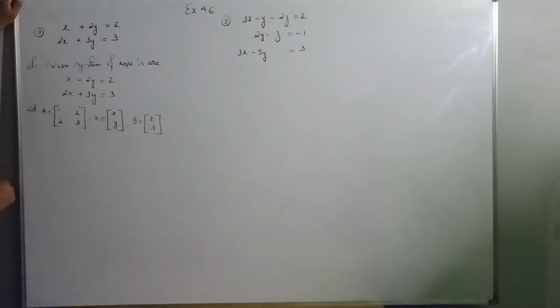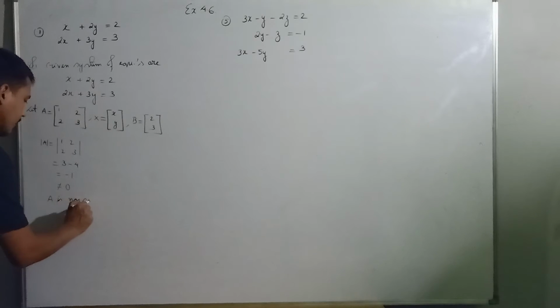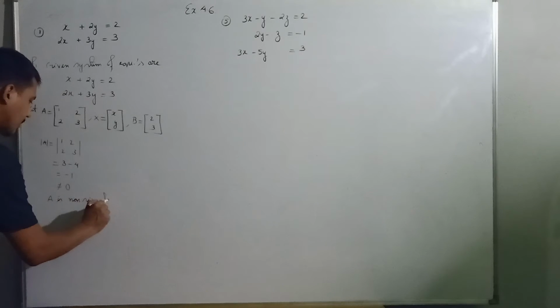So let's see what is the determinant of A. Determinant of A means determinant of 1, 2, 2, 3. 1 times 3 is 3, minus 2 times 2 is 4, so that is minus 1, which is not 0. So determinant of A is non-zero, which means matrix A is non-singular.